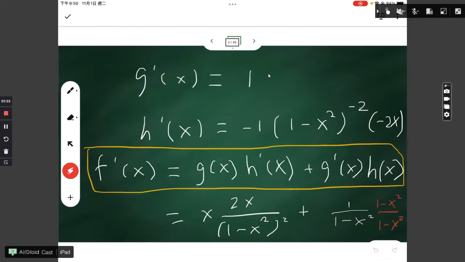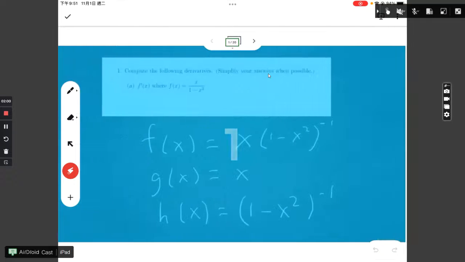All right, on to the next step. The first derivative of f of x, the product rule. The product rule states that it is equal to the function g times h prime of x, plus g prime of x times function h of x. All we need to do is, we already have g of x and h of x from here.